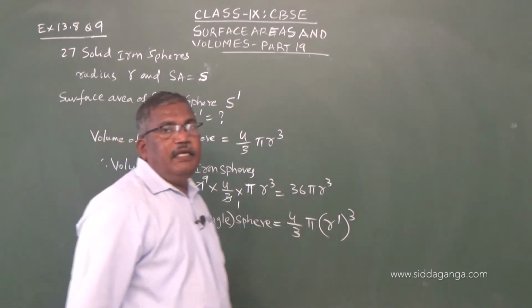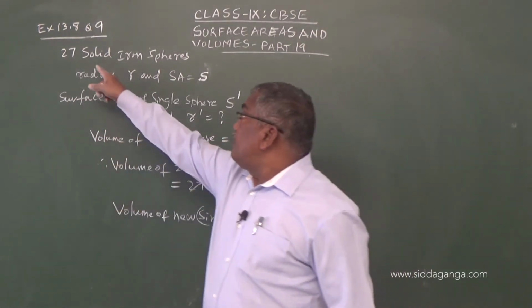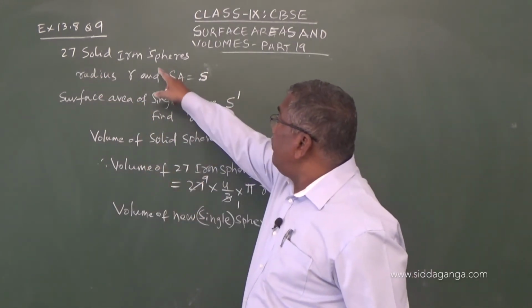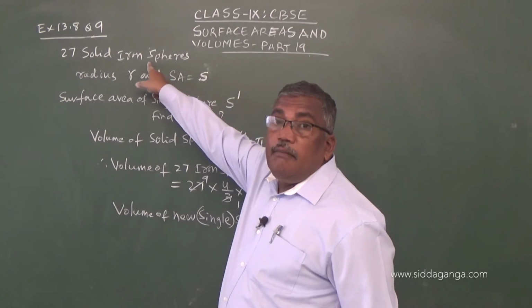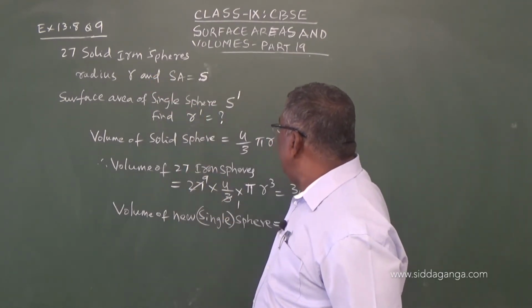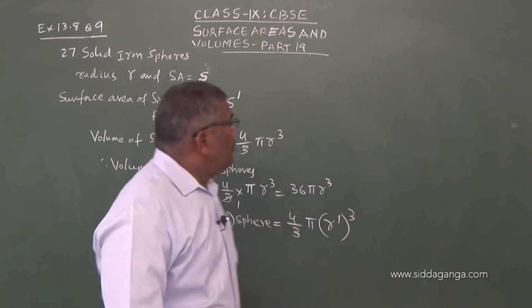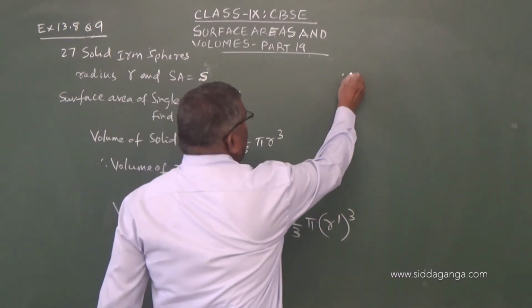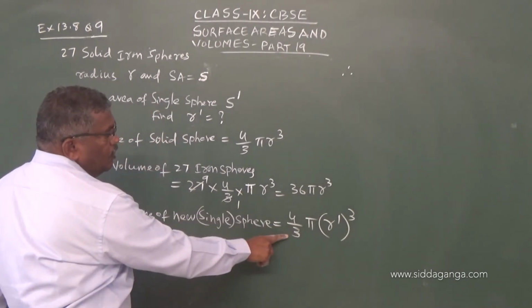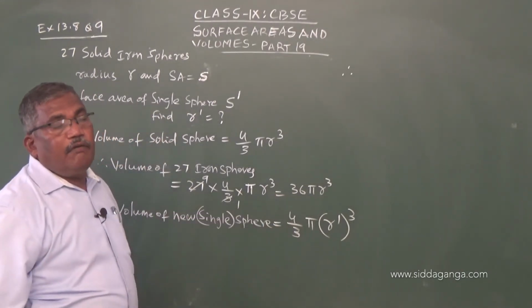So obviously the volume of 27 spheres and the volume of this single sphere, because the entire iron metal is melted and one is prepared, the volume should be equal. So this volume and this volume have to be equal.